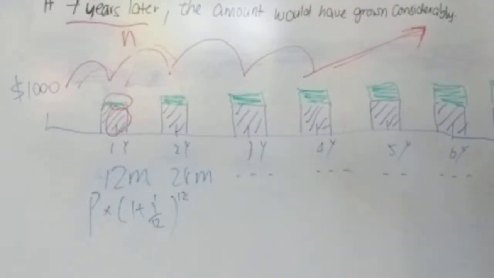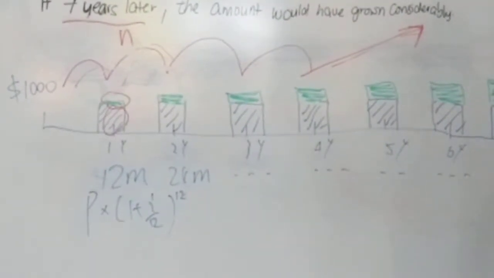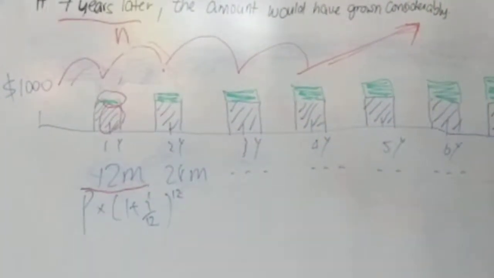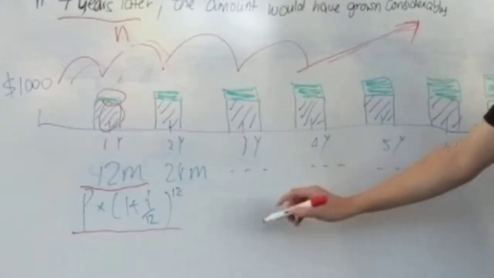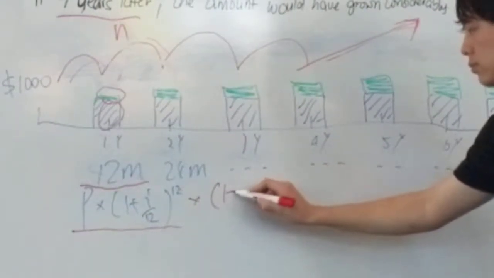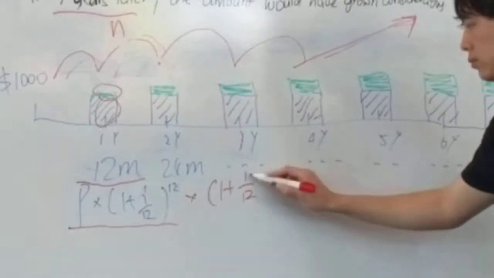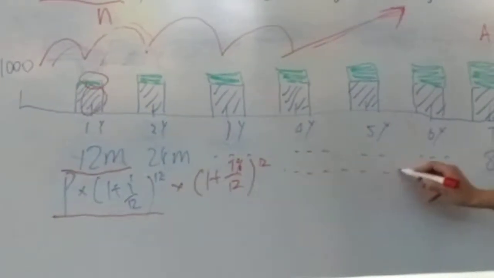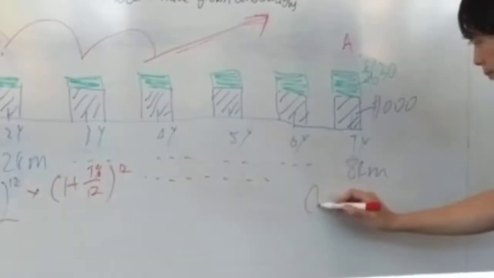It shows the increases every 12 months, or yearly, with the first period being P times (1 plus 7 divided by 12) to the power of 12 months, and so on, to the last and final year.